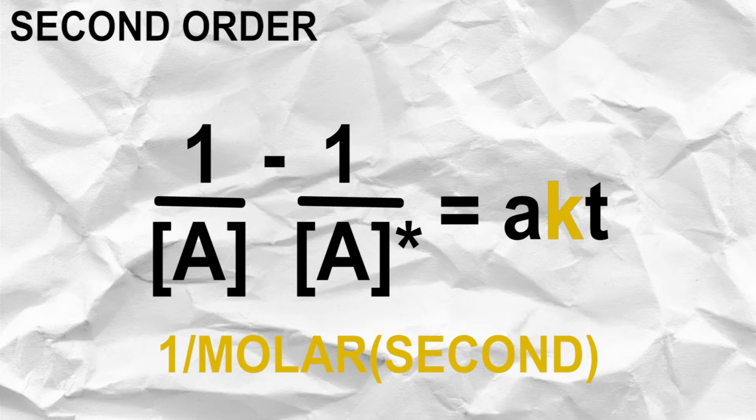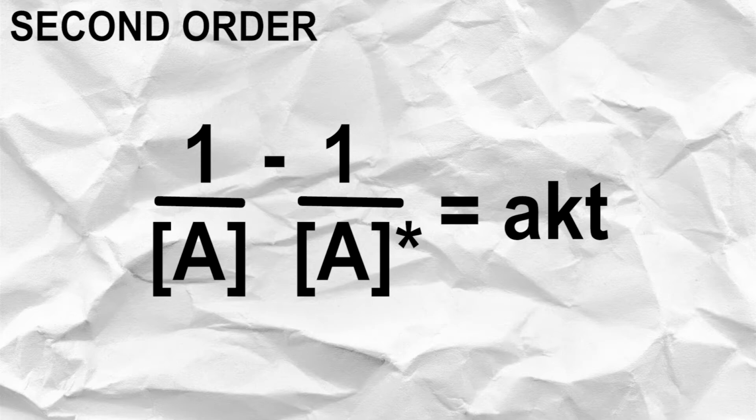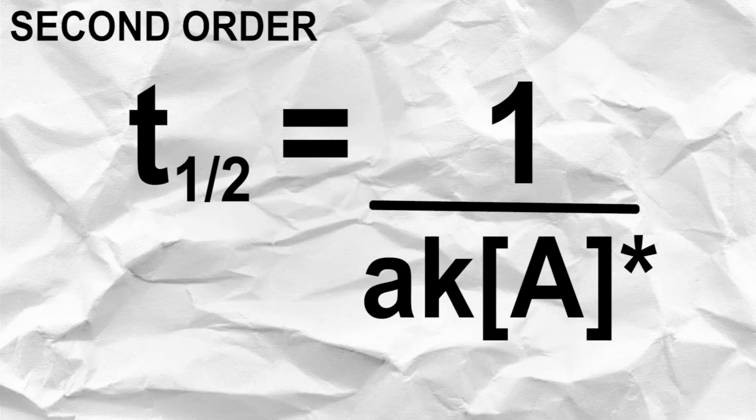The units of k must change in order to keep the units of the rate of the reaction at molars per second. Now, again, substituting t sub 1/2 for t in the given equation, we can get the formula for the half-life of a reaction in the second order, which would be t sub 1/2 equals 1 over A naught times aK.